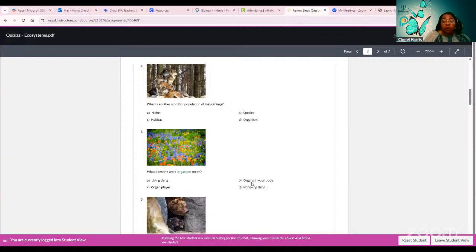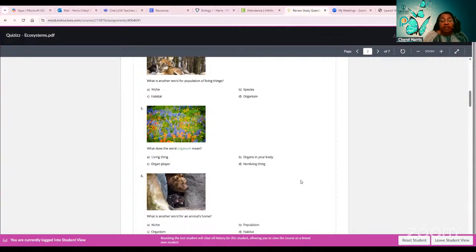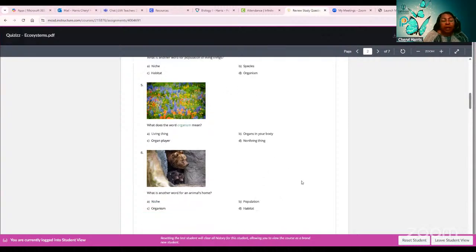But the organs are part of a living thing. An organism is made up of organs. It is part of the organism, but it's not an organism by itself, if that makes sense. It doesn't function by itself as an organism.